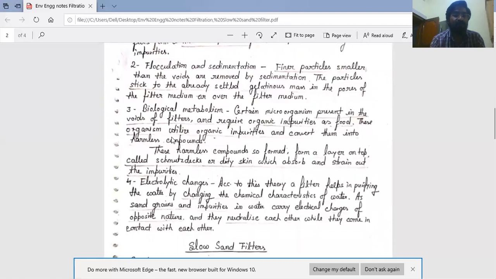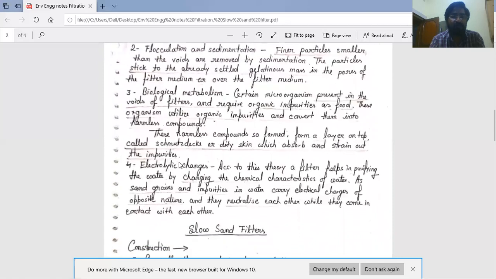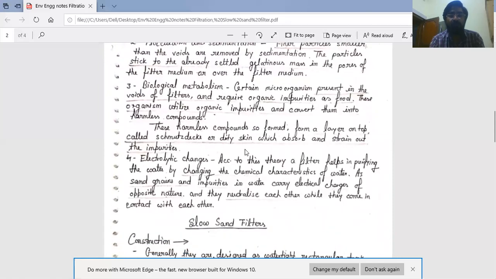These organisms utilize organic impurities and convert them into harmless compounds. These harmless compounds so formed form a layer on top called dirty skin, which absorbs and strains out the impurities.